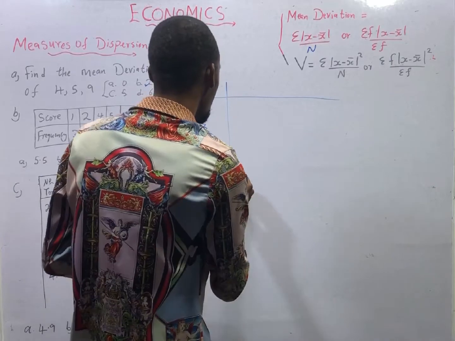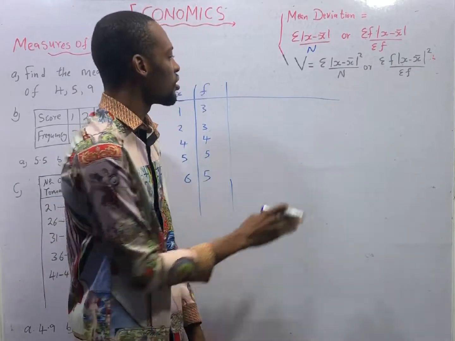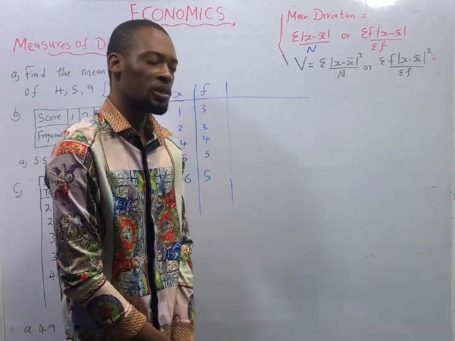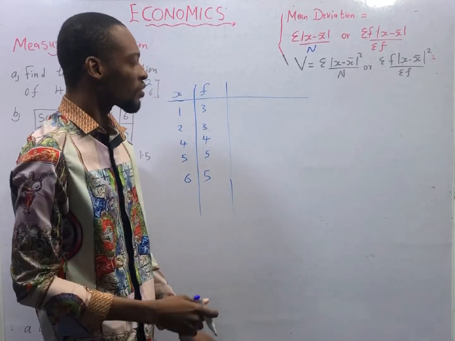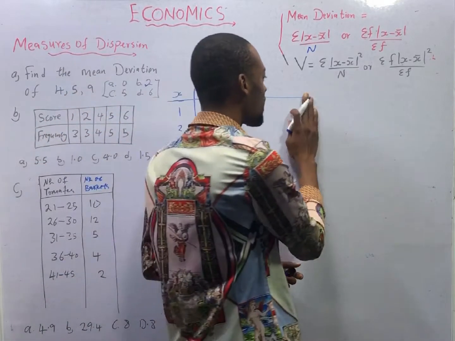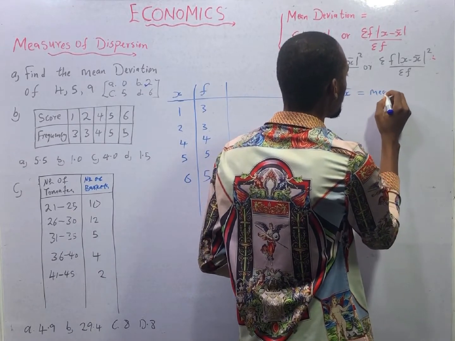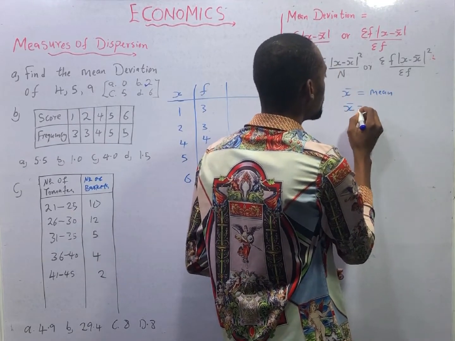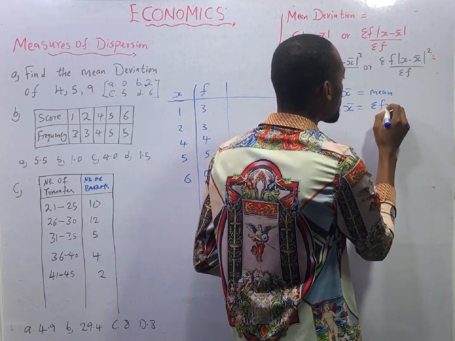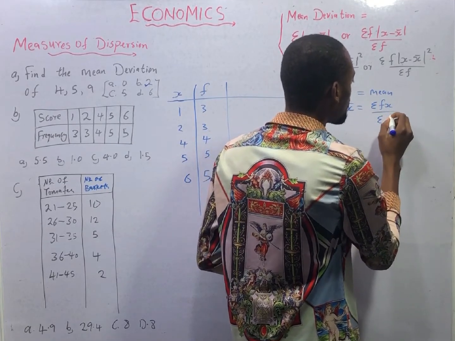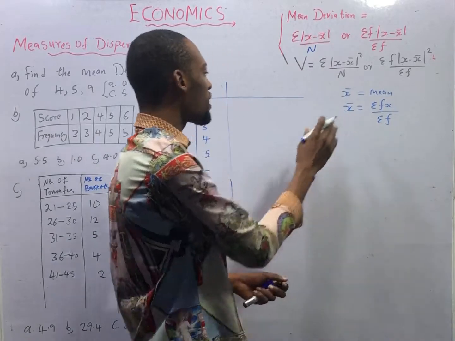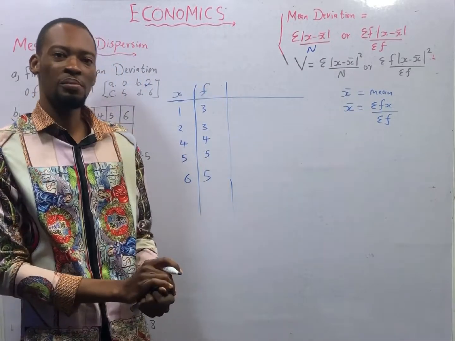So what are the things we need to calculate mean deviation, variance, or standard deviation? In each of the cases, we need S bar, and S bar is the mean. S bar equals summation of Fs over summation of F. Anytime you see summation, it means addition.